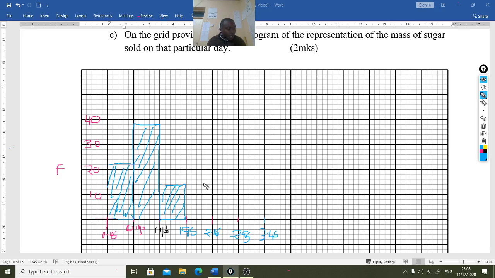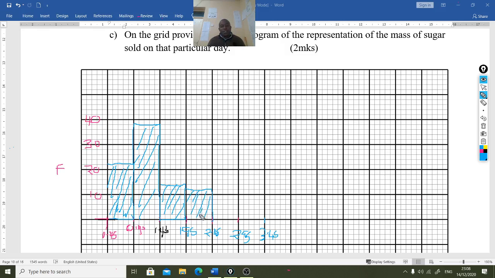The next is a frequency of 12, which will be here; you draw those bars.